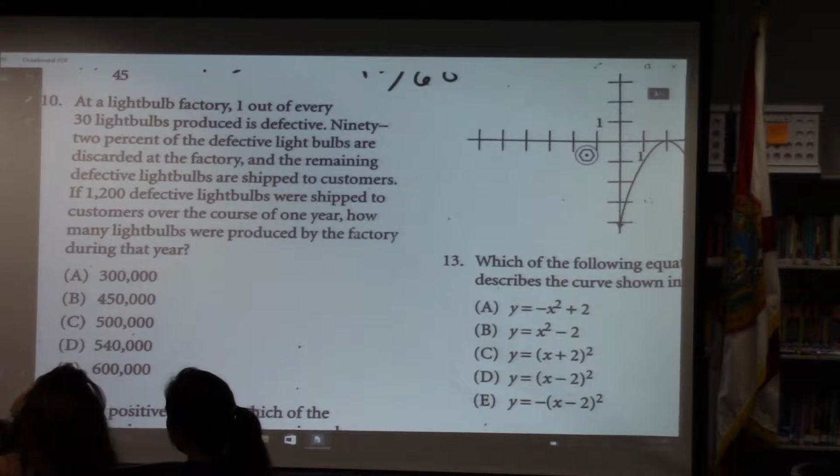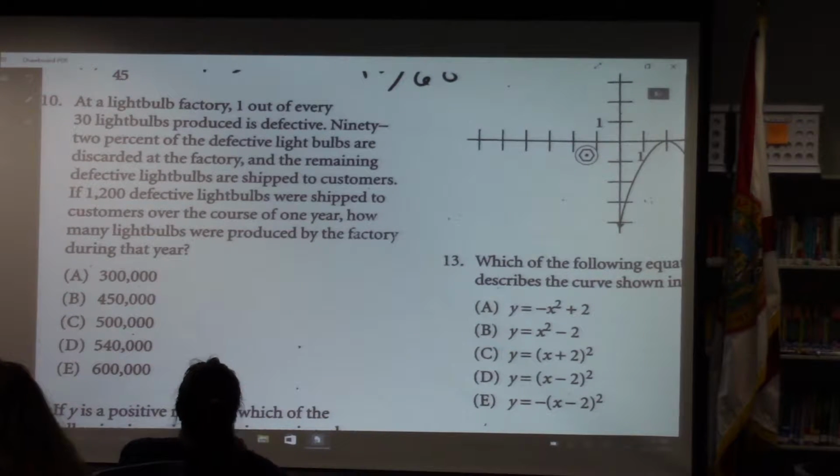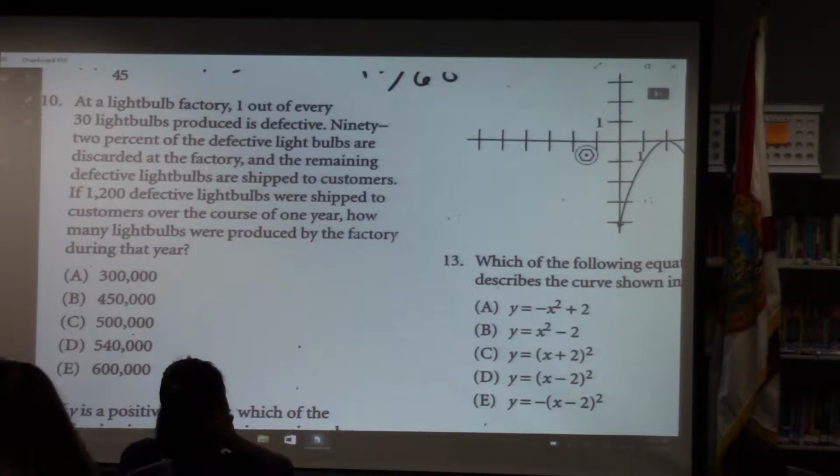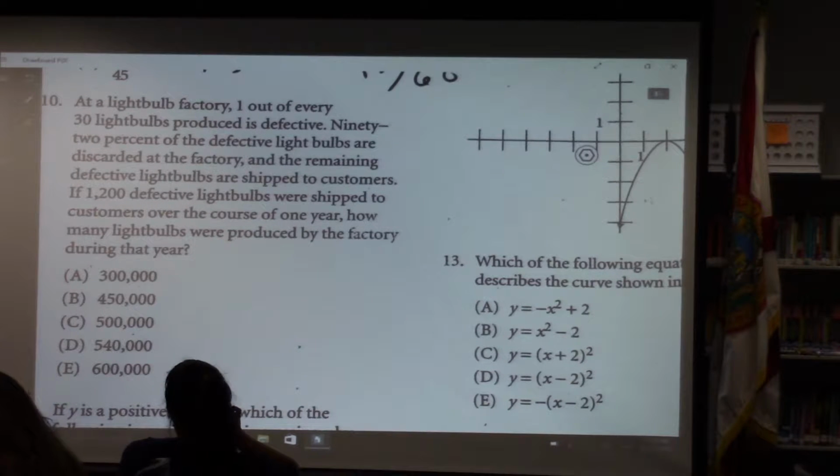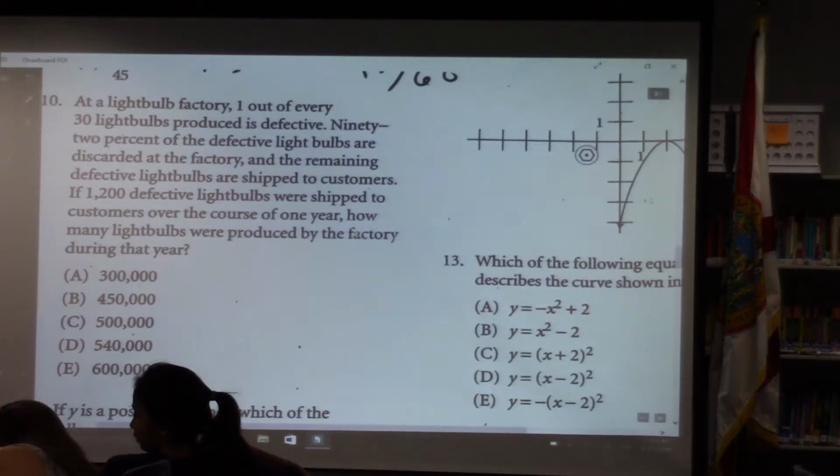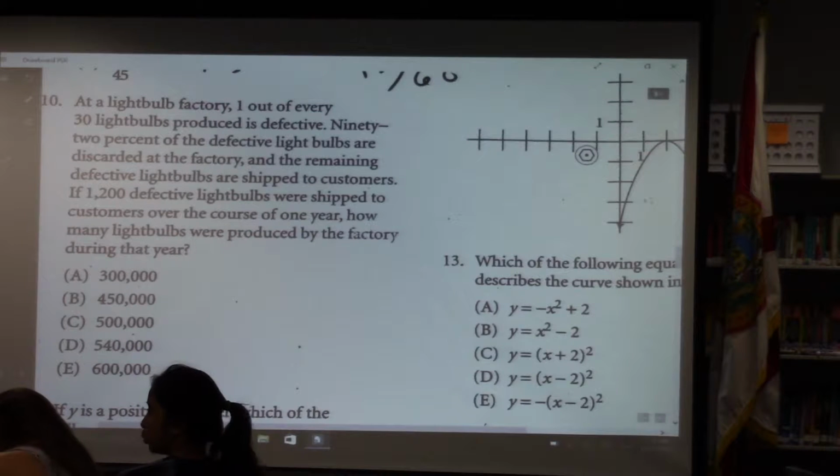Whenever you're going to be dividing by something and it doesn't make sense logically to have a piece of a light bulb, then you want to find something that's going to be divisible. So which one do you want to try, guys? Anybody have any luck with the light bulb problem? Okay, let's go with 450,000.